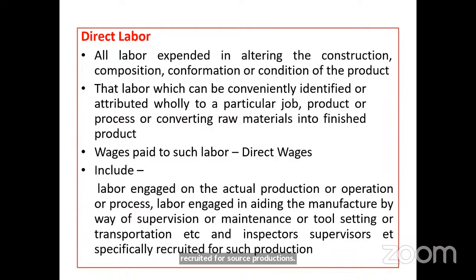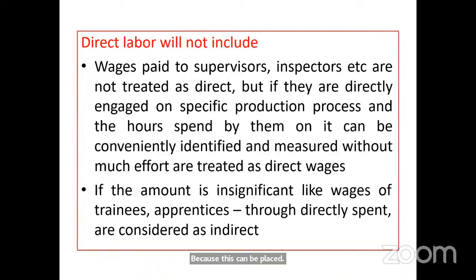We pay salary to the production supervisor, so that also comes under direct labor cost. Say a quality inspector is there, whose duty is to inspect the quality of the product. We also pay remuneration to the quality inspectors. This is also part of the direct labor cost because it can be traced and identified easily.